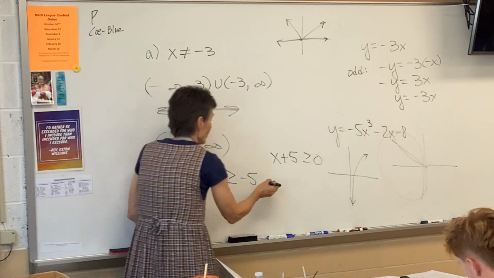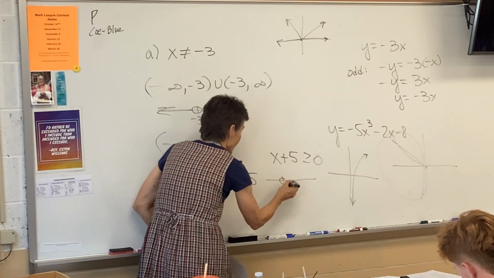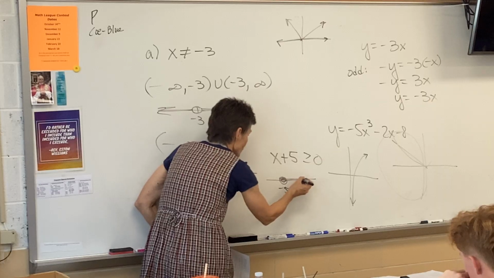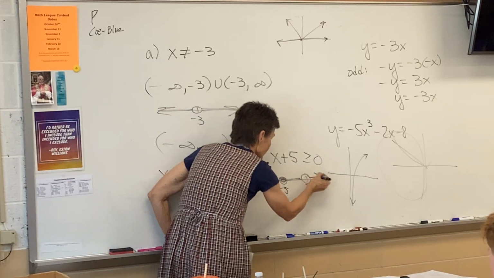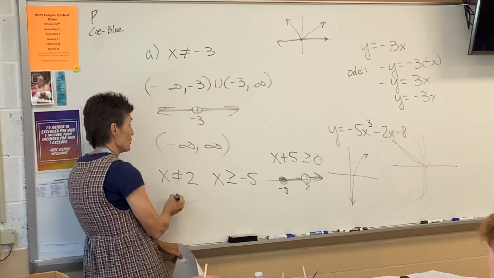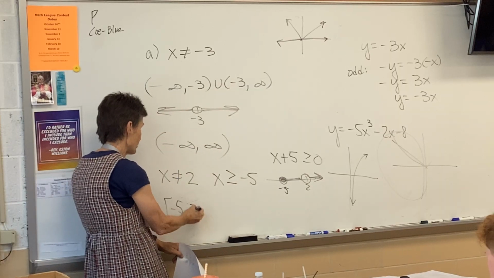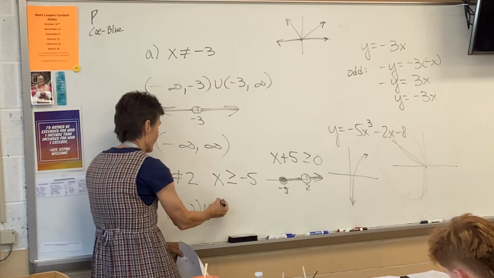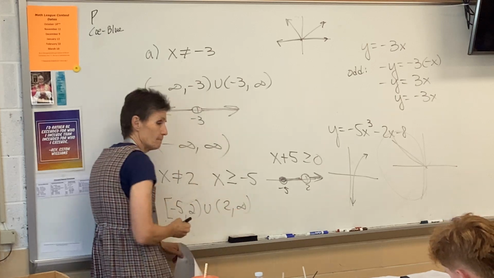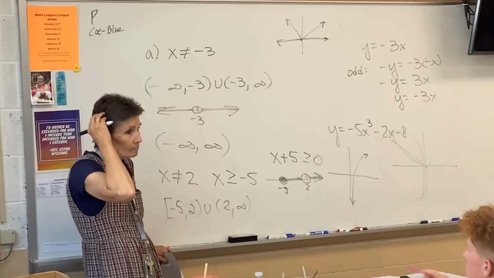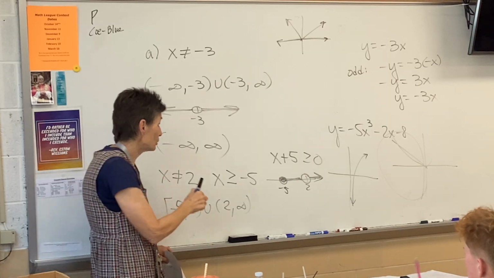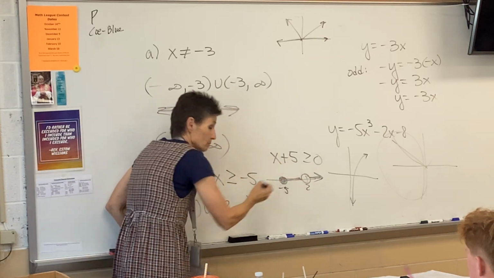If I look at it on the number line, here's negative 5, and I'm going this way, but I have to skip over 2. So negative 5 to 2, and 2 to infinity. You do brackets when it's included, greater than or equal to.